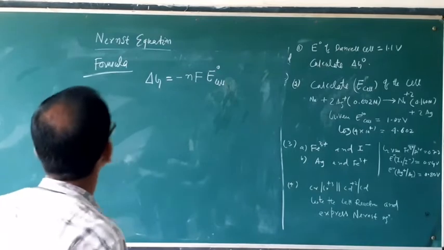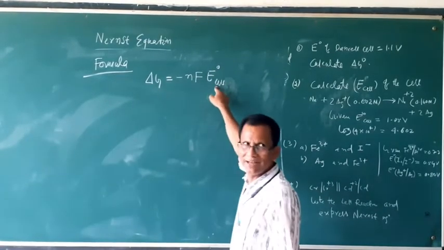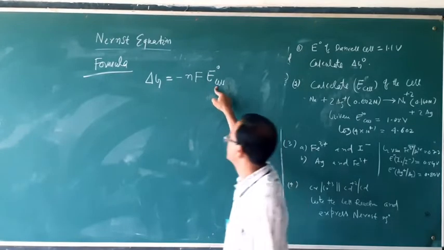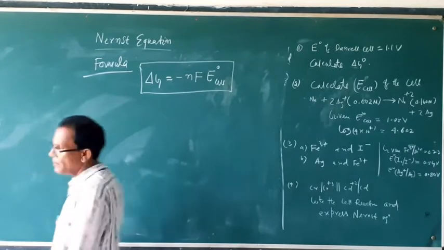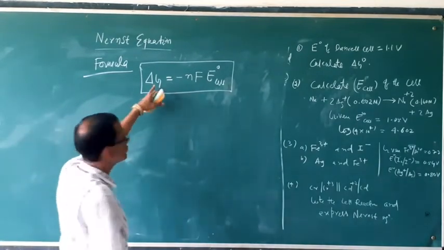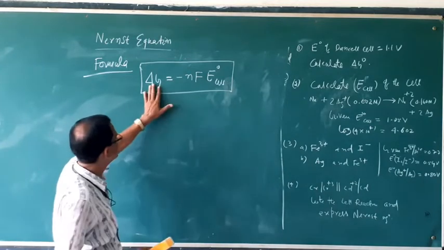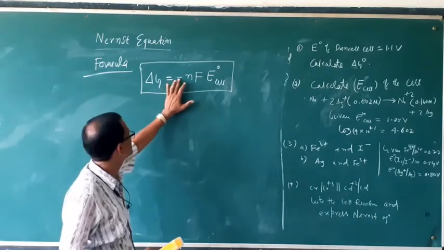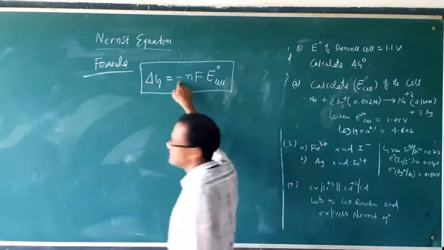This is the expression of free energy change and cell potential. Very important expression, directly you have to remember this. Because in class 11 we have read free energy is equal to maximum work done. As delta G should be negative, if delta G is negative, then the reaction will be spontaneous. That's why the minus sign is written.